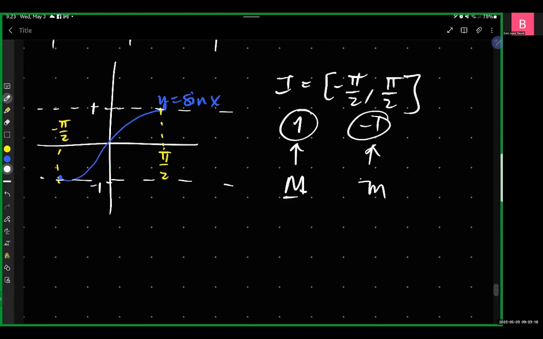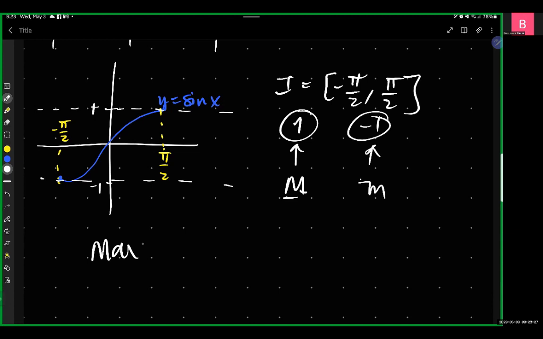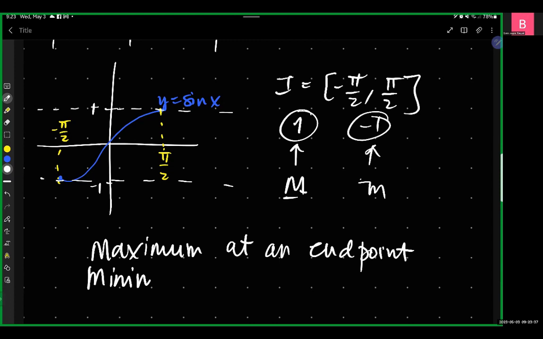Therefore, we describe the function y equals sine of x for the interval negative pi over 2 and pi over 2 as having maximum at an endpoint. Correct. And minimum at an endpoint.